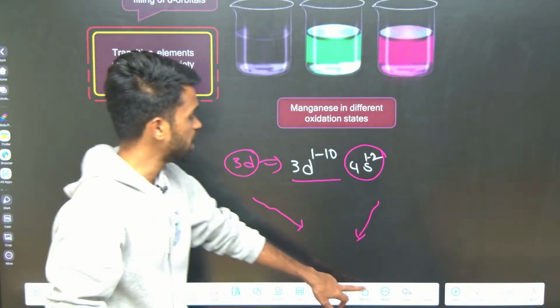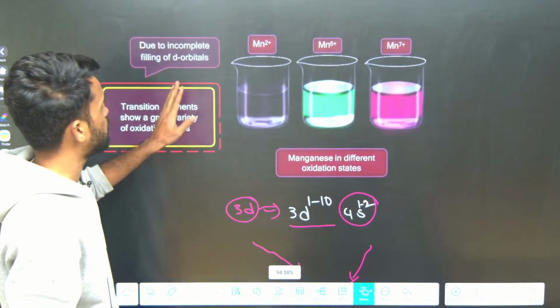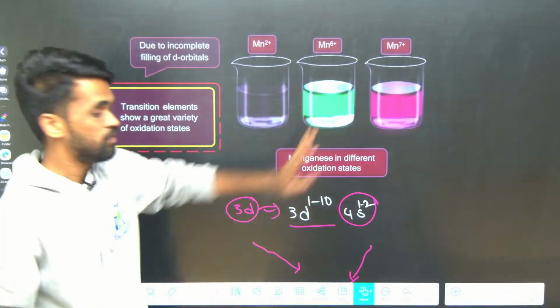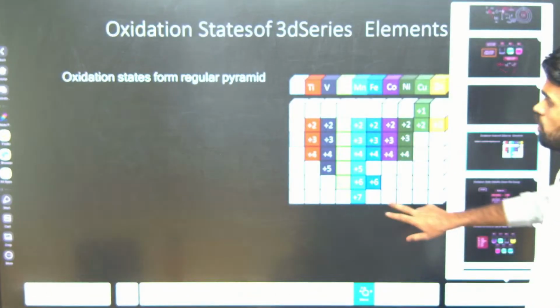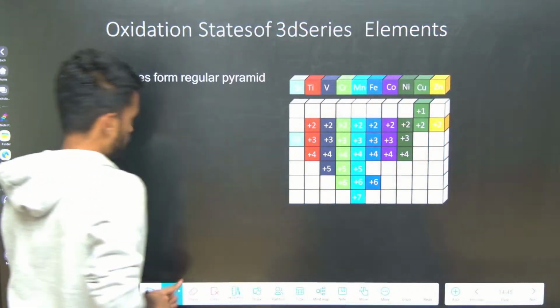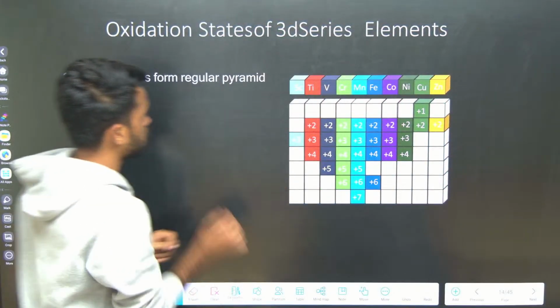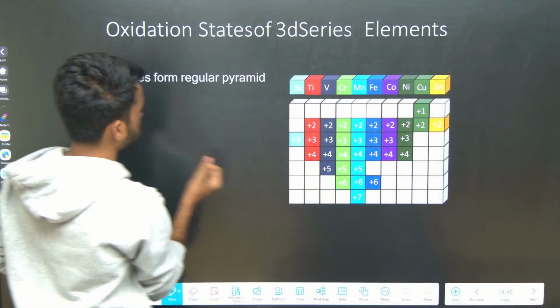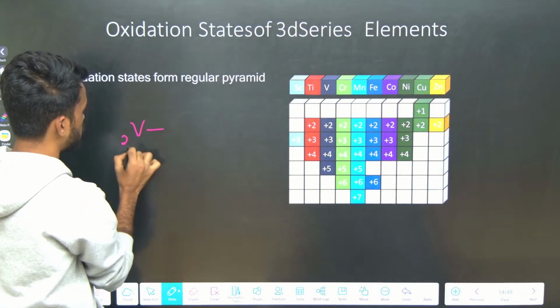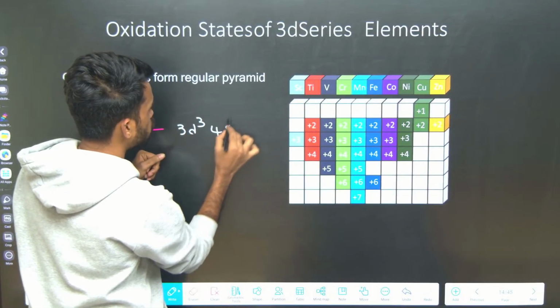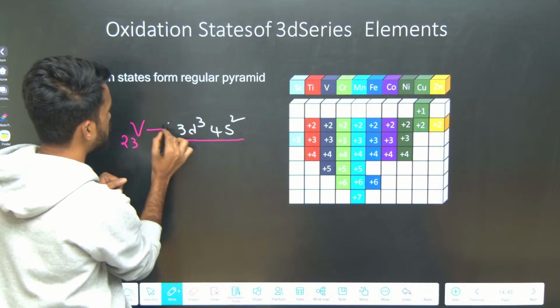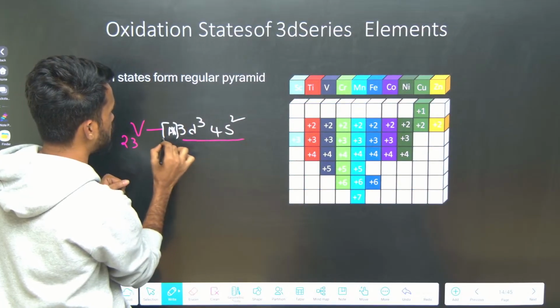Now in different oxidation states these elements can show different colors. For example, let me show you one simple way to understand. If you observe the 3d series elements scandium, titanium, vanadium: vanadium has atomic number 23, so you write it as 3d3 4s2. How many valency electrons are there? After argon you have 5 valency electrons.